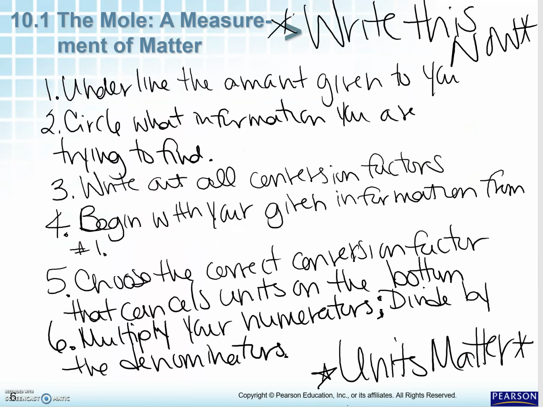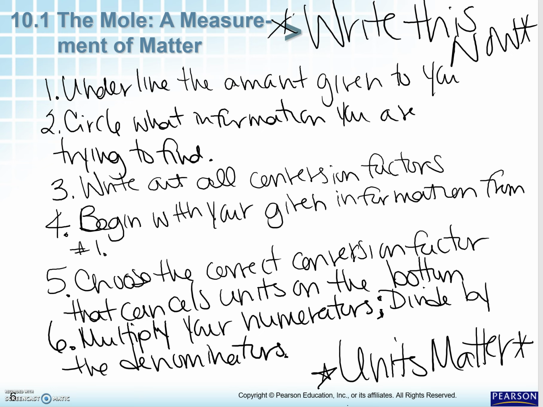Okay, here are your steps for figuring out our answer. You want to make sure that you are writing these down in your notes, but these are the good steps for how to convert between any unit of mass to any new unit we need to get to.